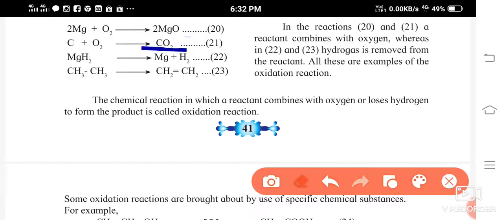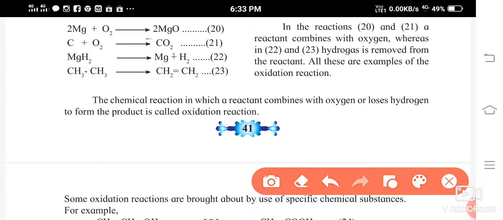When the reactants combine with oxygen to form a product, at that time we say an oxidation reaction has taken place. This was the case in these two equations.